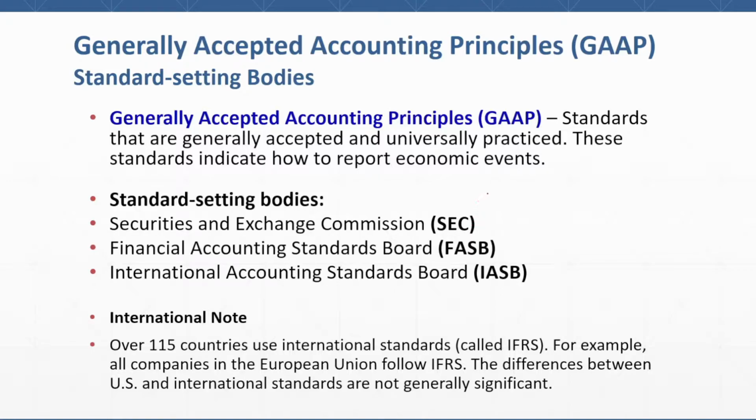But who issues GAAP? Who is responsible for issuing GAAP? These standards are issued by an organization called FASB. FASB, it is pronounced FASB. Financial Accounting Standards Board is a board below SEC, Securities and Exchange Commission, and above SEC is basically the US government.